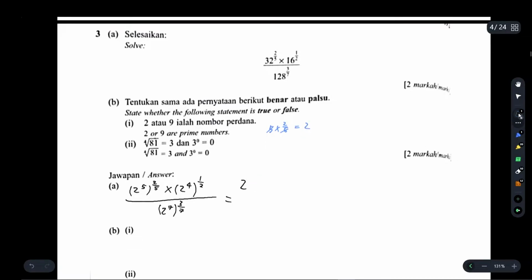So we'll have 2 power 2. Then 2 power 4 times 1 over 2, which gives us 2. And 2 power 7 multiplied by 3 over 7 gives us 3.